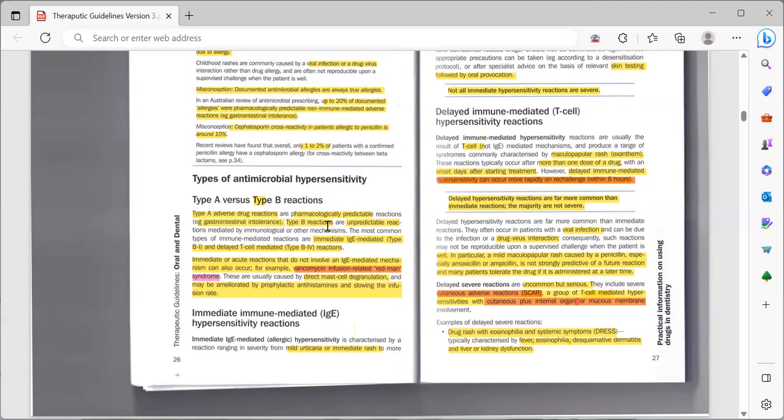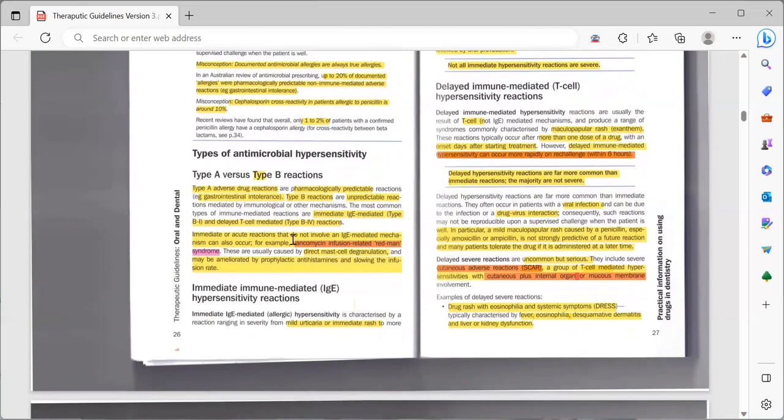But the type B reaction, you don't know; it can happen to anyone. It is either IgE mediated, the type 1 reaction, or type 4, which is the delayed T cell mediated allergic reaction.